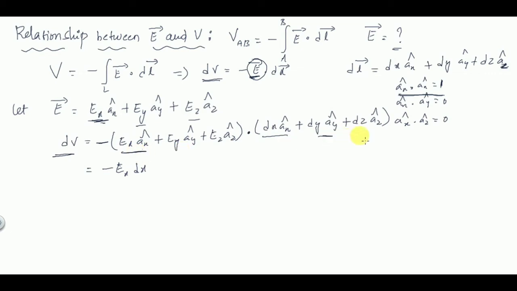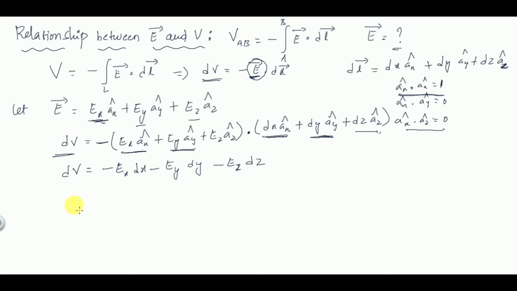Next, Ex Ax cap dot dz Az cap, Ax dot Az is again 0. Similarly, Ay dot Ax is also 0. Ey Ay dot dy Ay will be minus Ey dy. Similarly, it will be minus Ez dz. So this is dv.